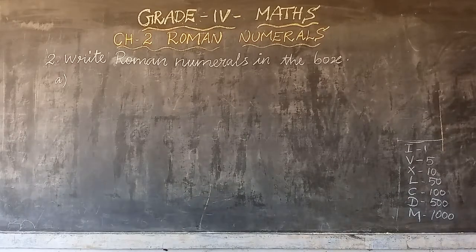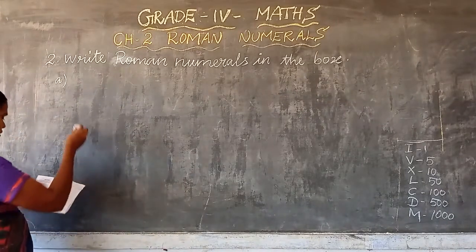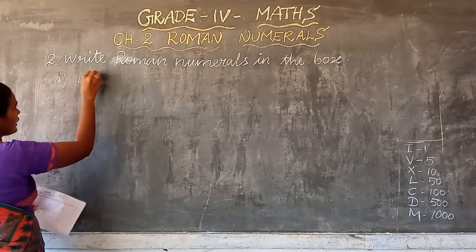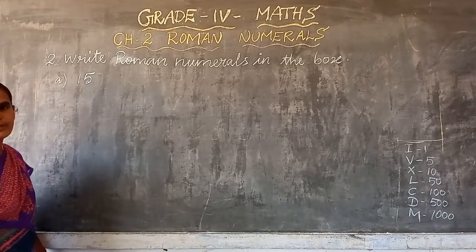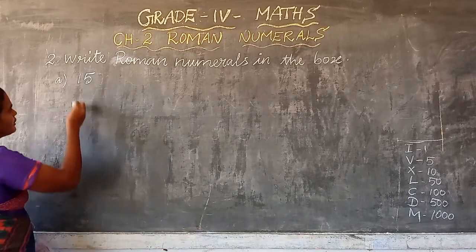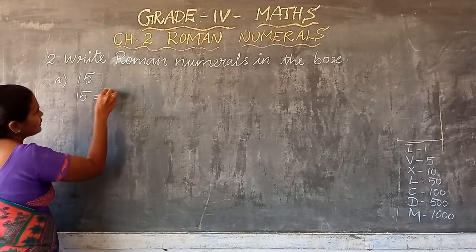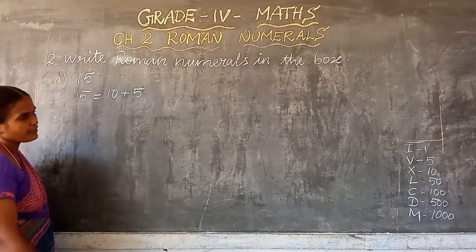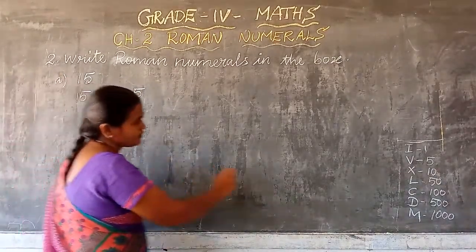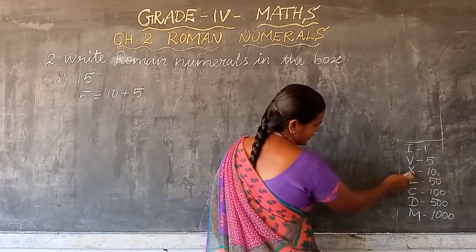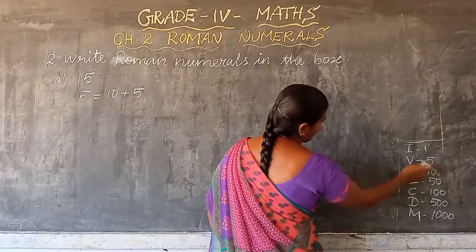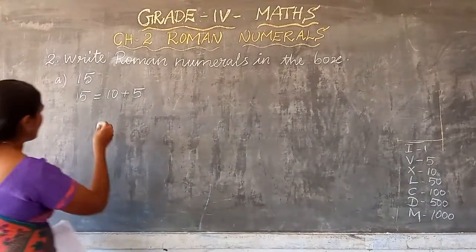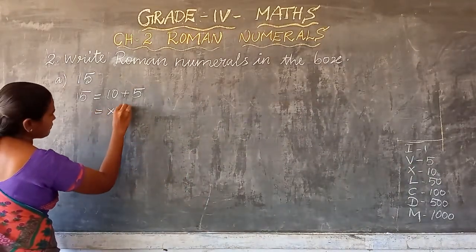So second one, write Roman numerals in the box. A question, 15. So first you write the expanded form of 15. 15 is equal to 10 plus 5. What is the value of 10? 10 means X. 5 means V. So write XV.